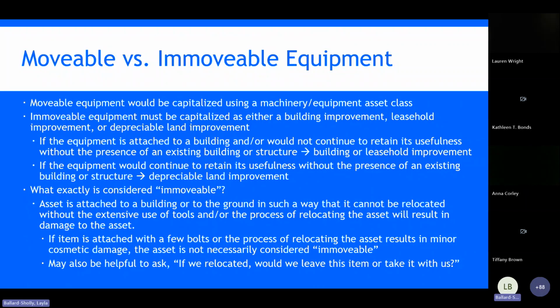Those would not necessarily be considered immovable. You do have some cases where it can still be more of a gray area. A lot of times I also tell agencies to ask themselves, if we relocated, would we take this item, or would we leave this item? That often can help in making that determination.